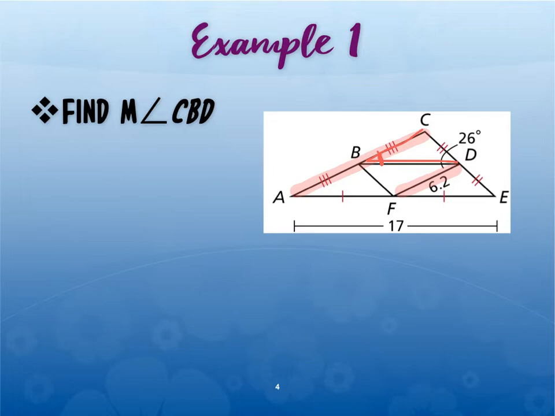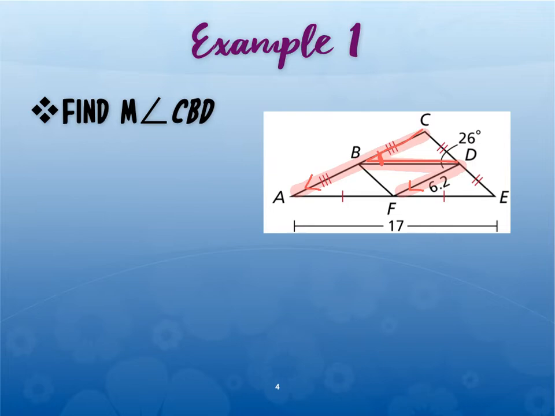So FD is parallel to AC, and it's being cut by the transversal BD. So AC is parallel to FD. I'll put the little arrows on it to show that they're parallel. And our transversal is BD.